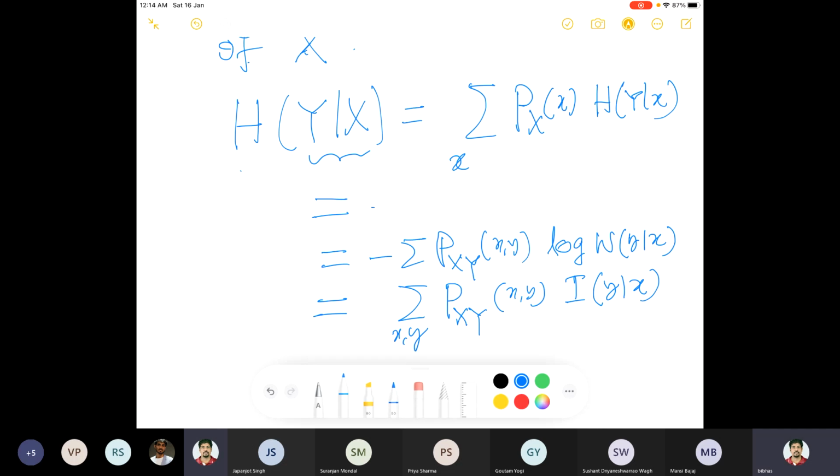Now see, from this working definition of conditional entropy, what should be the missing step? This was the final definition from the entropy of a conditional random variable. But here I am doing something which is meaningful in the sense of information exchange, or a point-to-point communication system.